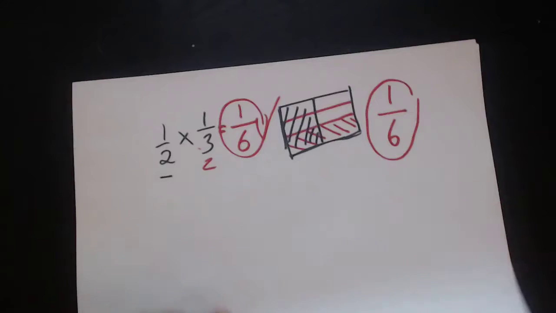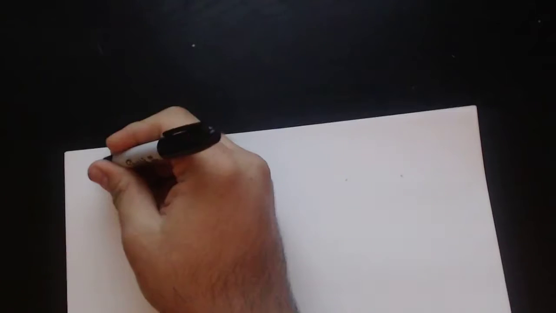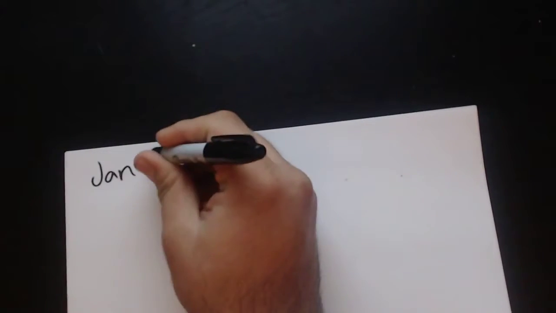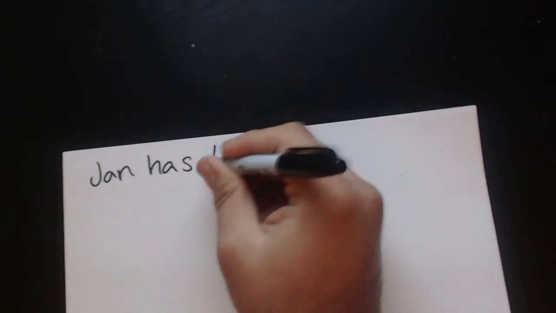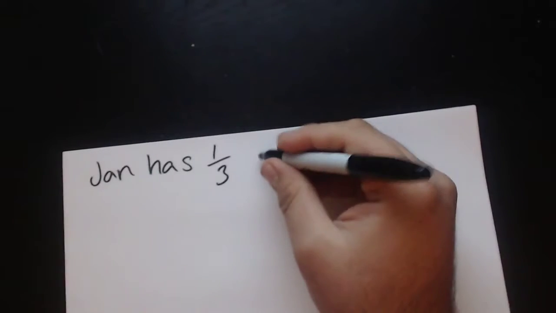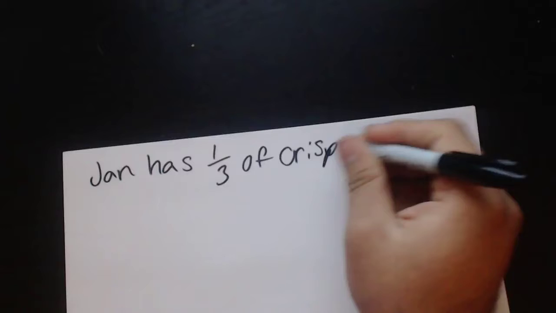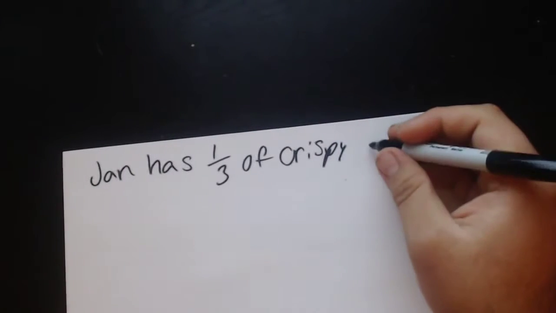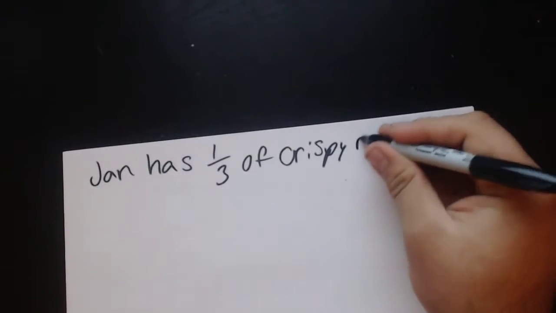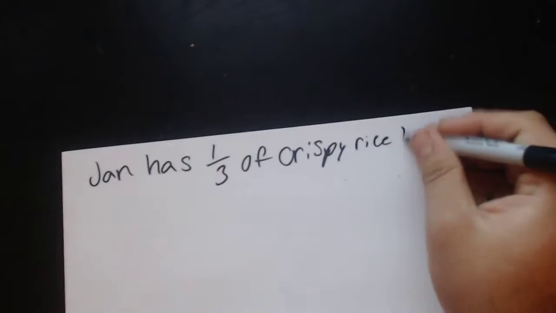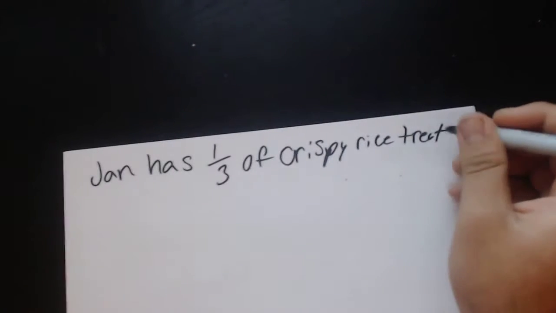Now, a problem that we will be going over today, or that we went over, would be: Jan has 1/3 of the Rice Krispie treats.